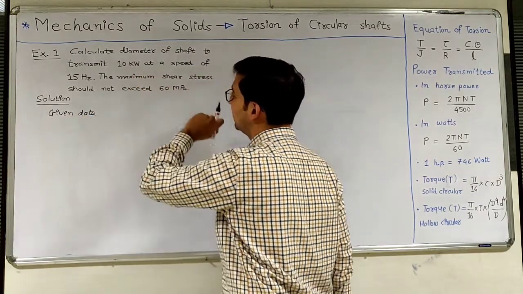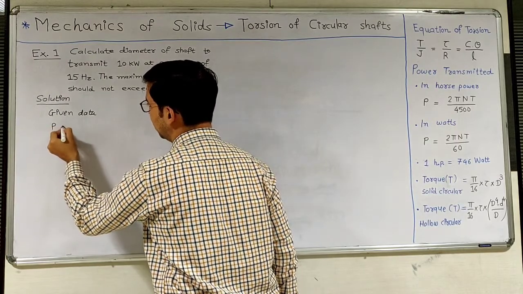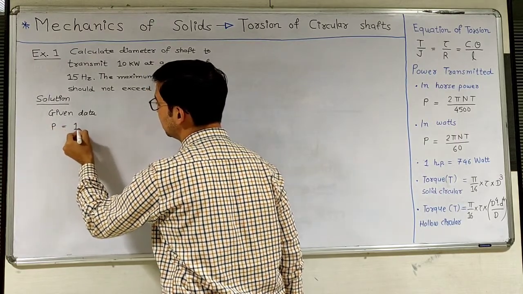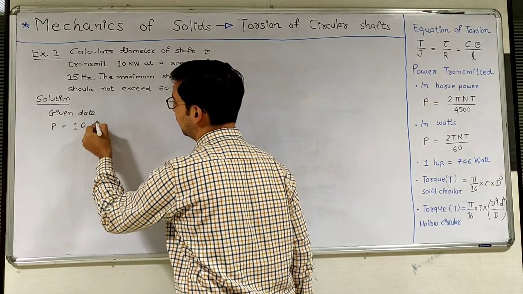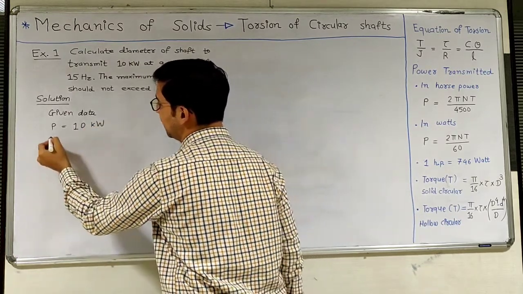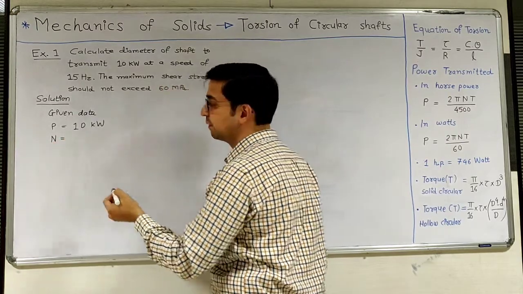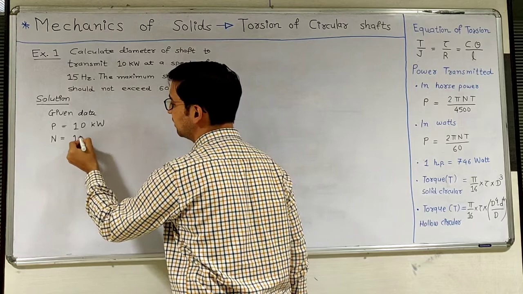Here first data is given about power transmission, indicated by capital P, which is given 10 kilowatt. Next data is given about speed of shaft, indicated by capital N, 15 hertz.